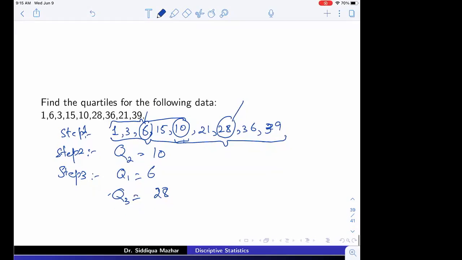So from 10 to 39, I can find the median, and this gives me 28. So this is step 4. This is how you find the median for odd and even numbers of data values.